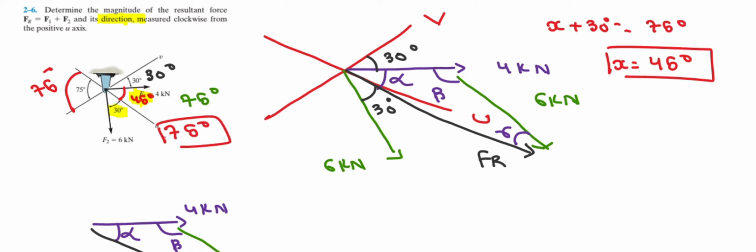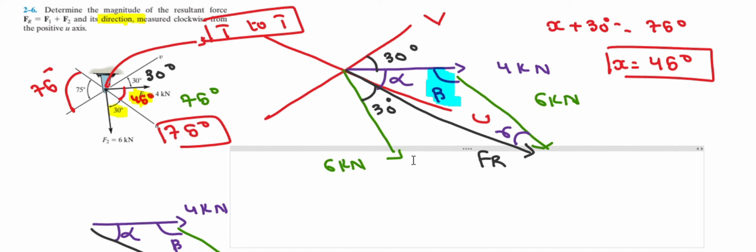So the angle between 4 kilonewton and 6 kilonewton is 75 degrees, but remember that this is the tail to tail angle, and this one right here is the head to tail angle.